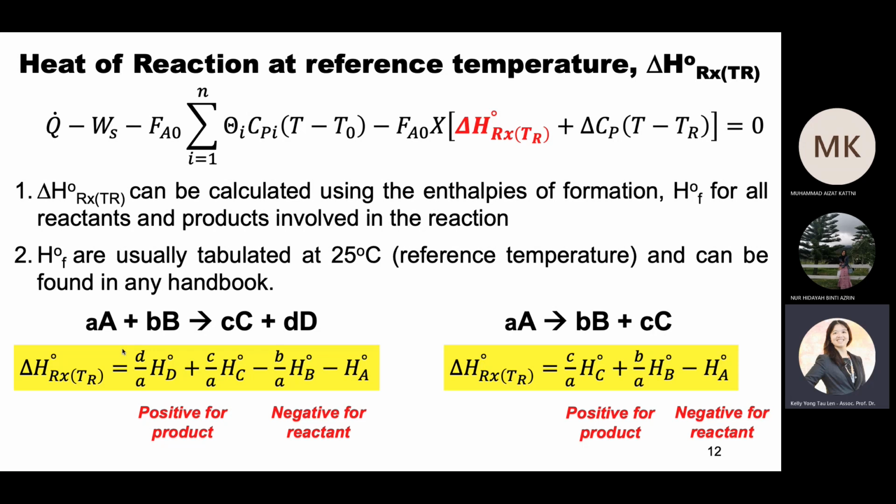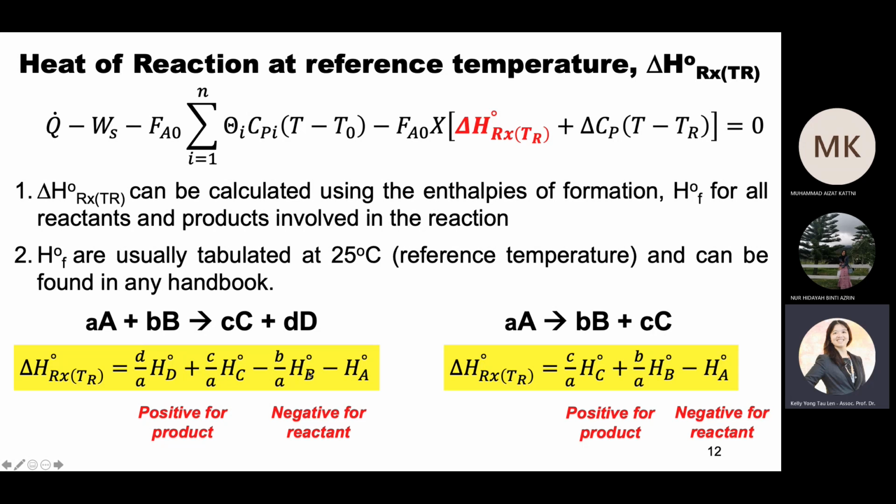Okay, but you must remember dia mesti positive for product, negative for reactant, and dia ada ratio stoichiometric coefficient, meaning D per A multiply with heat of formation of D plus C per A heat of formation of C minus B, because in this case B dan A adalah reactant.